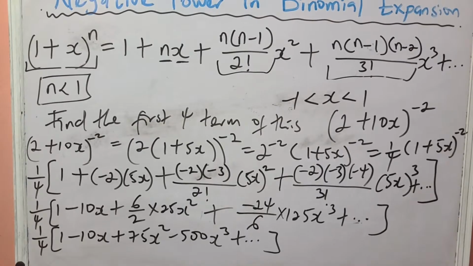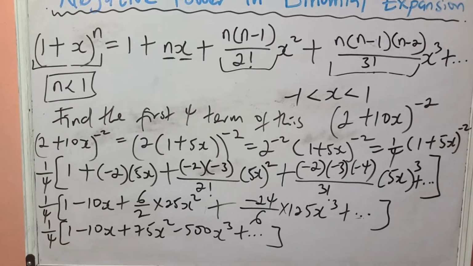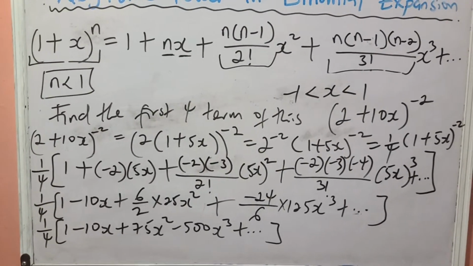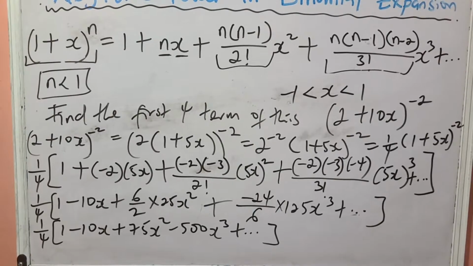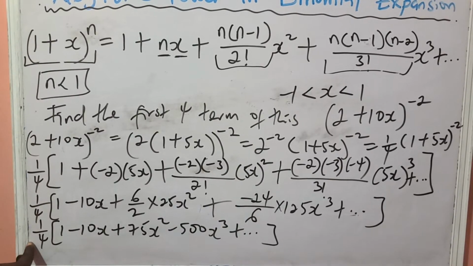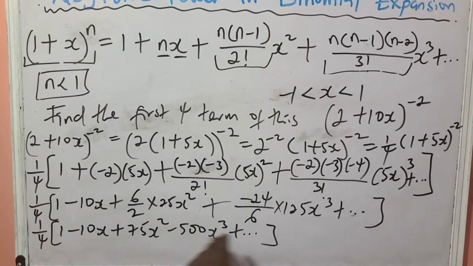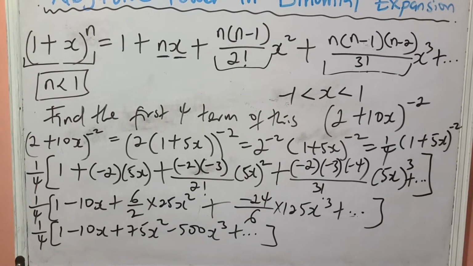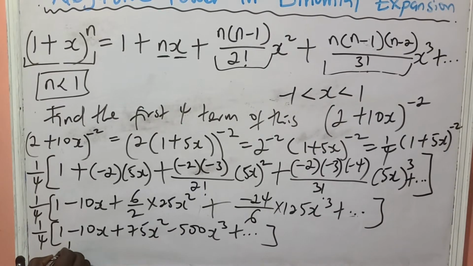So the next thing for us to do now, probably I can still use this space down, is to multiply this 1 over 4 with every value inside this bracket. So that will be 1 over 4 times 1, that will be 1 over 4, minus 10 over 4x.